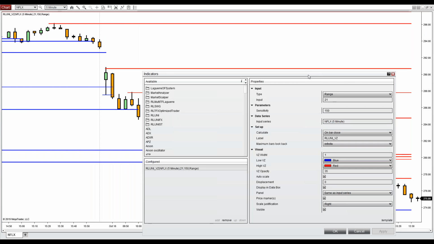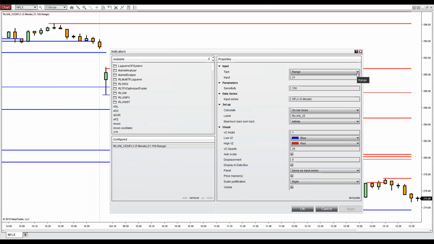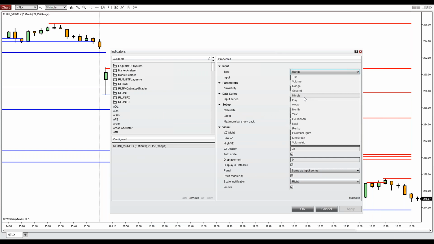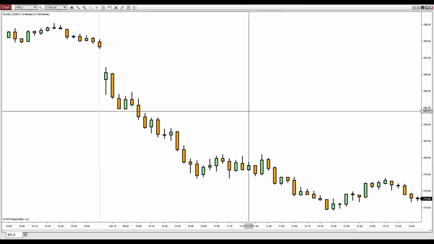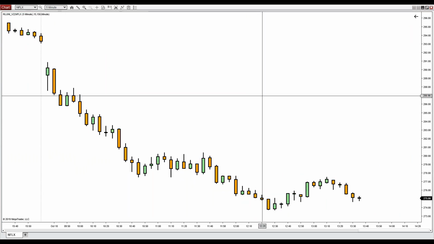Now we're not trading a range anymore. We're trading a minute chart. So we go to minutes. And since we're trading a 5-minute, we're going to put a 15-minute here. So it's going to look at the 15 and the 45-minute chart, and it's going to put up those areas based on that.